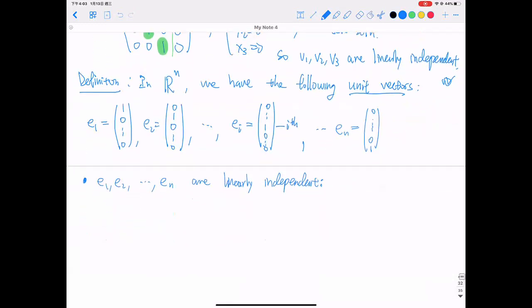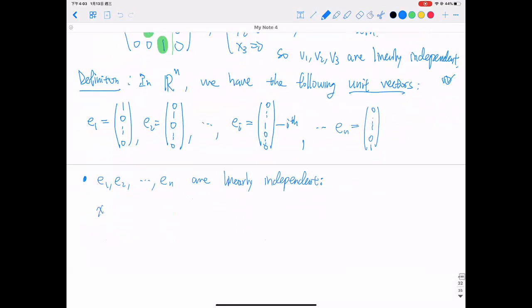And that is easily seen because you just follow the definition by considering the linear combinations of E1 through En and setting them equal to the 0 vector and seeing what you get.